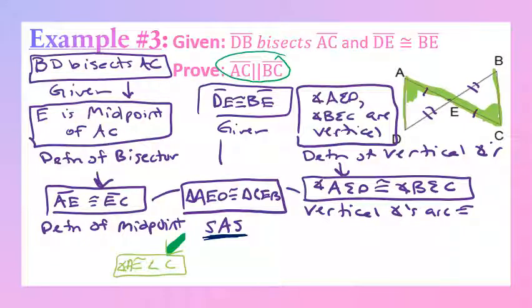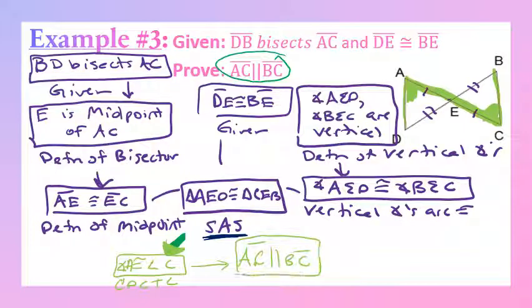And the reason is CPCTC. So I know that those 2 angles are congruent because the corresponding parts of congruent triangles are congruent. However, now I'm going to go through and say, okay, if those angles are congruent, now I can show that AC is parallel to BC.